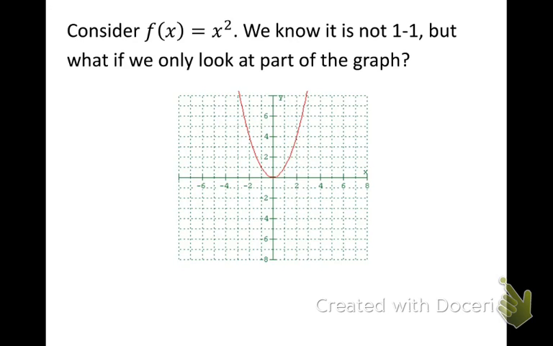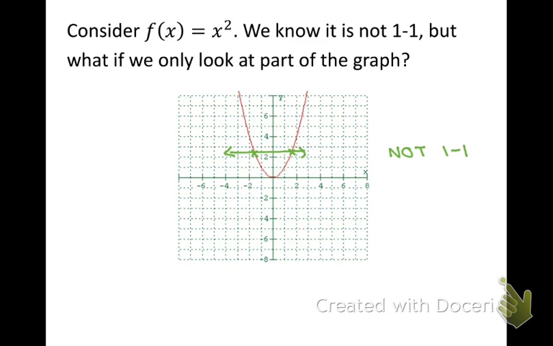Okay, last problem here, we want to consider f of x equals x squared. Now, we previously looked at a parabola, a quadratic function, and determined that it was not one-to-one because as is, it would not pass the horizontal line test. So we knew that right away it was not one-to-one.